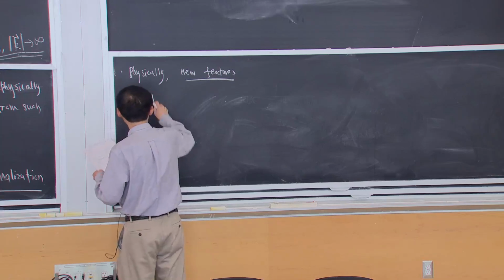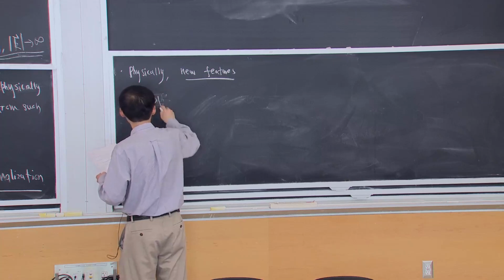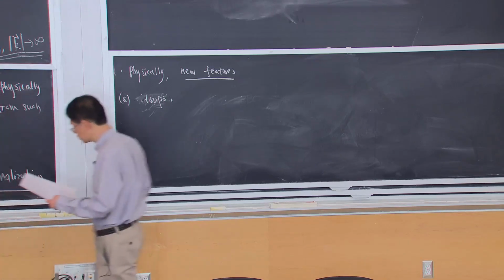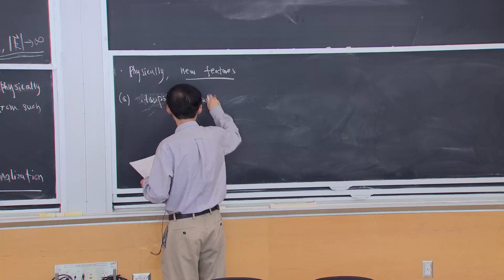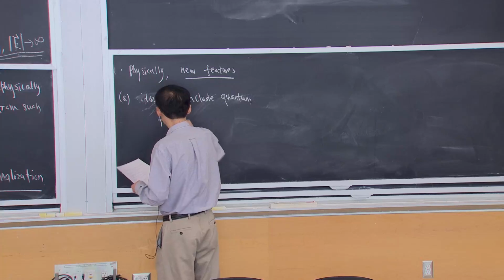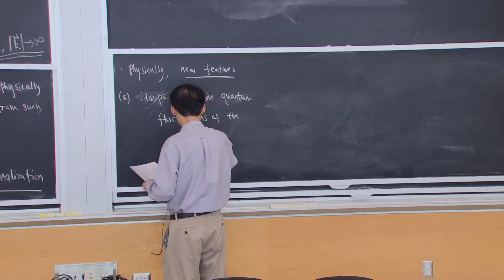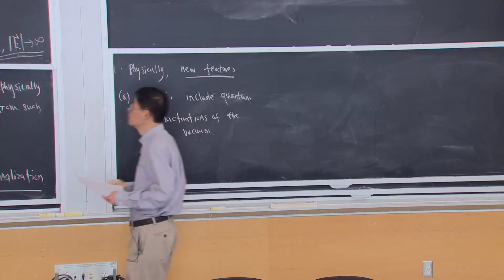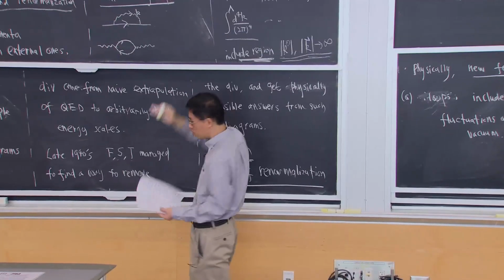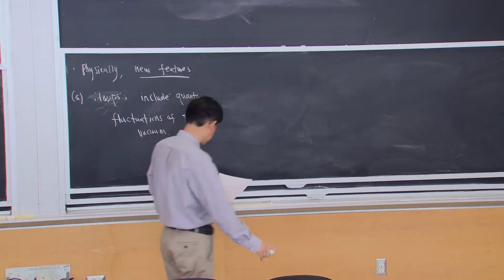is that, as I already mentioned, when you include such loops, you essentially include quantum fluctuations of the vacuum. All these processes, the electron pair, that photon, they are all virtual particles that just come from the vacuum fluctuations.